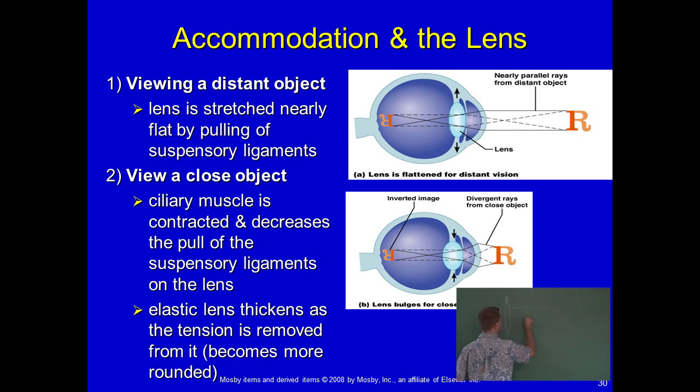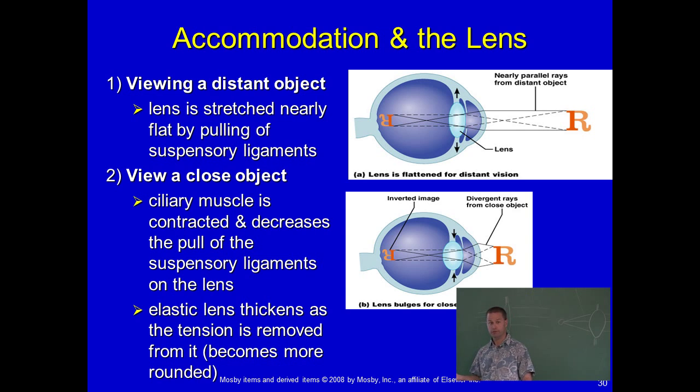So the light comes in this way, and it leaves the same way. It's not altered very much. But if you're looking at something that's very close up, you're going to have a lens that's more football-shaped, so that the light comes in and gets focused directly onto the focal point in the retina. And this is called accommodation.